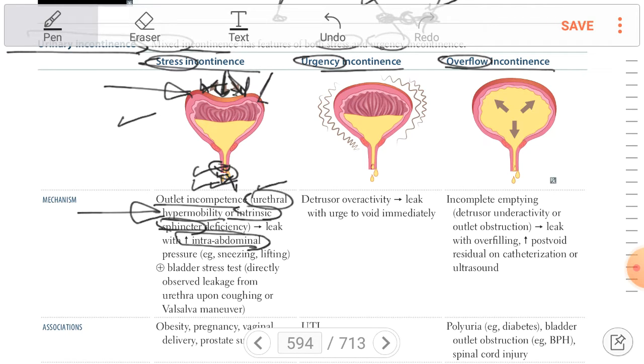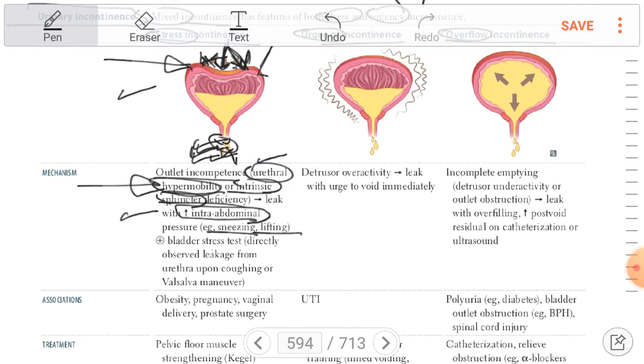Increase intra-abdominal pressure, like what? Sneezing or lifting heavy objects, leading to increase intra-abdominal pressure, leading to stress on the wall of the urinary bladder with hypermobility of the urethra, and deficiency of intrinsic sphincter, leading to dribbling of urine, loss of urine.